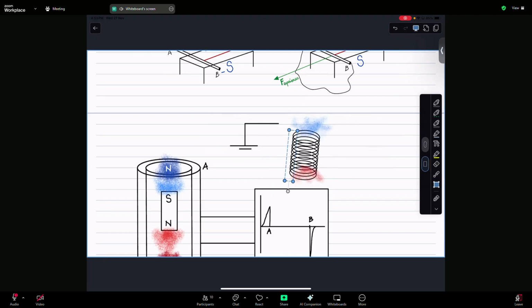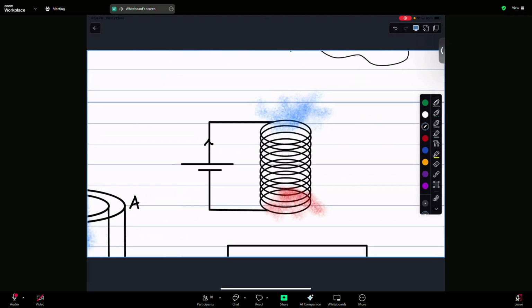If my coil is positioned like this, and current is passing through my coil, current going this way, can you tell me which side is the north pole? Up, right? Does everyone agree that this is a north pole at the top?